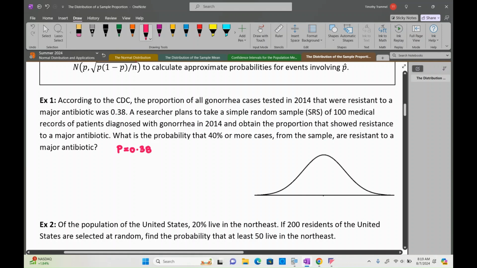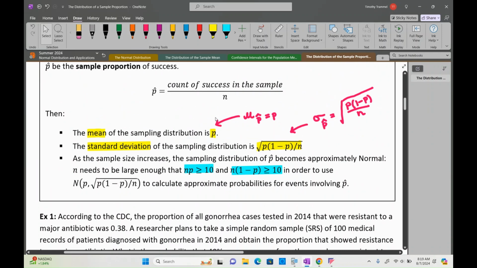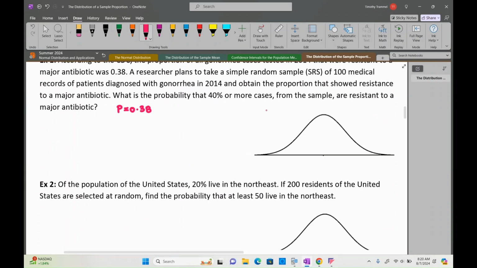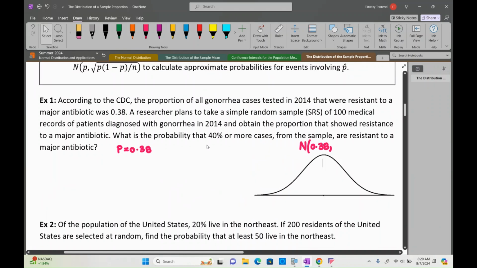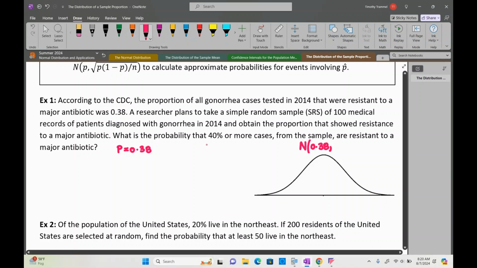And you might remember, if we are actually answering a question about a sampling distribution, as we wrote up here, the mean of that sampling distribution should just be the population proportion. So this normal distribution that I'm going to have over here, I know it's going to be centered at 0.38. There we go. Let's see what else we have. We have our random sample had 100 people in it, or medical records.